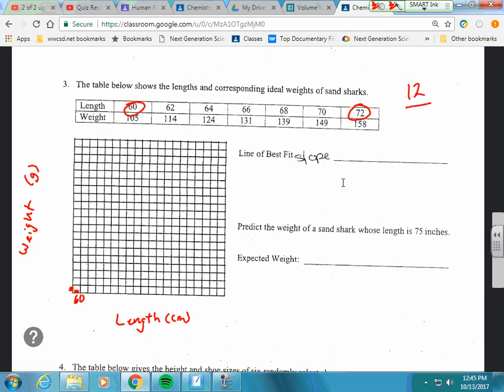So there's 60. 1, 2, 3, 4, 5, 6, 7, 8, 9, 10, 11, 12, 13, 14, 15, 16, 17, 18, 19 marks I have. Okay, so I've got 12 divided by 19. I need to make each mark worth at least 0.63.